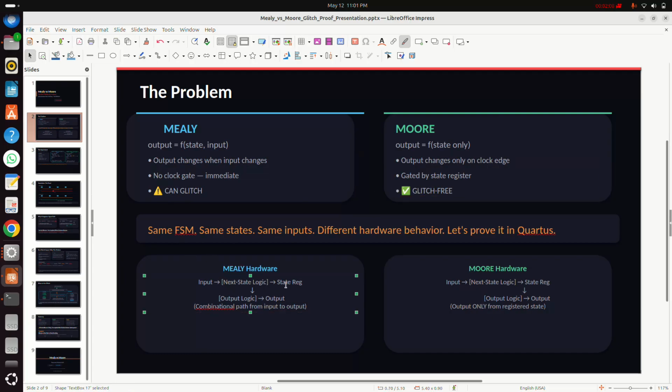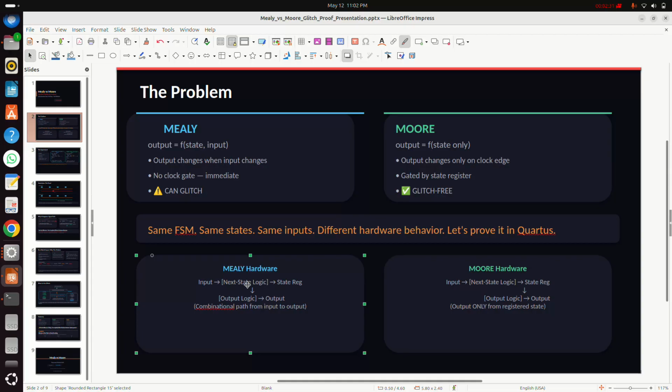Here, how Mealy hardware and Moore hardware work is shown in this diagram. In the Mealy hardware, when we give input, the next state logic occurs, and the next state logic moves ahead with the current state.